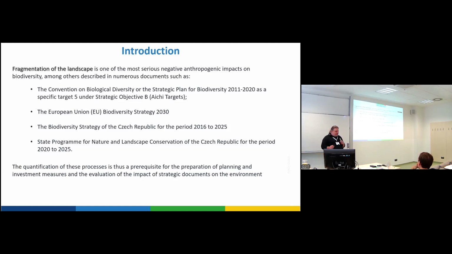It is mentioned in many strategic documents and studies, and its quantification is very important to know how our efforts in planning and investment measures work and to evaluate the impact of strategy documents on the environment. So we need to calculate it well.